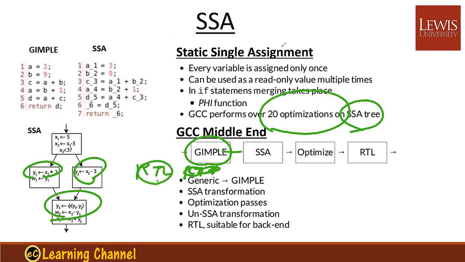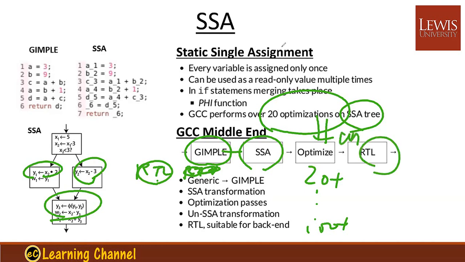But after that, you expand it into an SSA tree, and the SSA tree goes into 20 plus optimizations. Actually, right now it may go to 100 plus already. And then after that, you go from SSA back to the real final RTL.